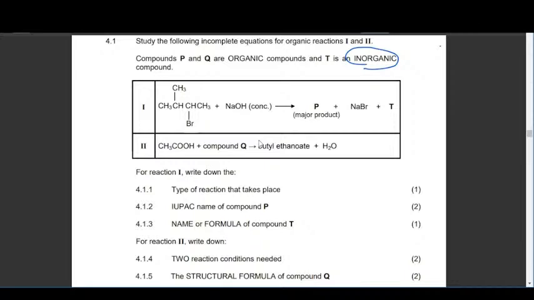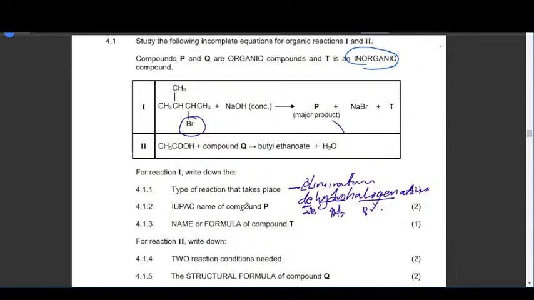So the answer is elimination. You eliminate this bromide and the hydrogen, or dehydrohalogenation. Why? Because we are removing the hydrogen and the halogen, which is the bromine. So we are removing the bromine and the hydrogen, hence dehydrohalogenation or elimination.